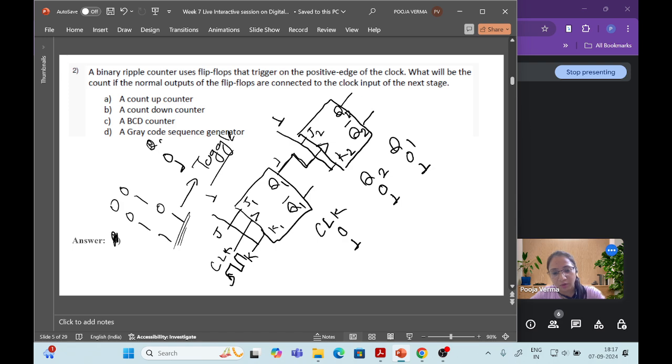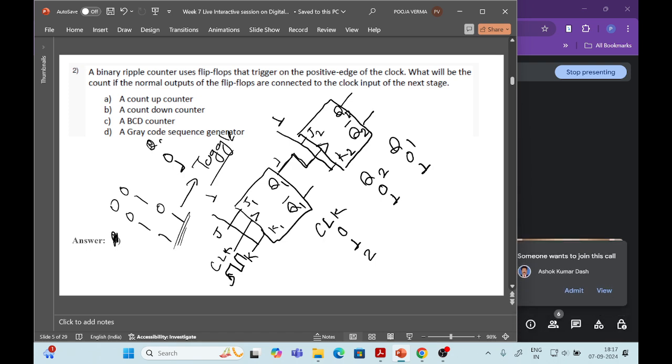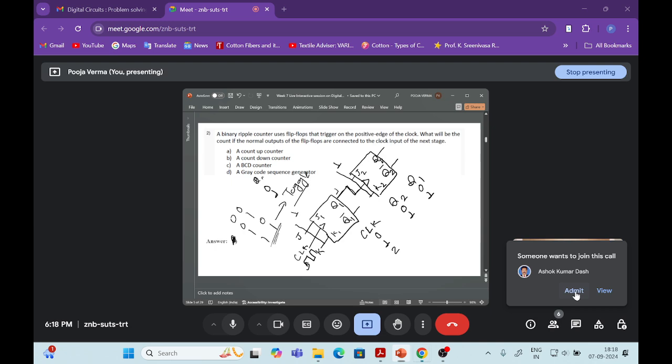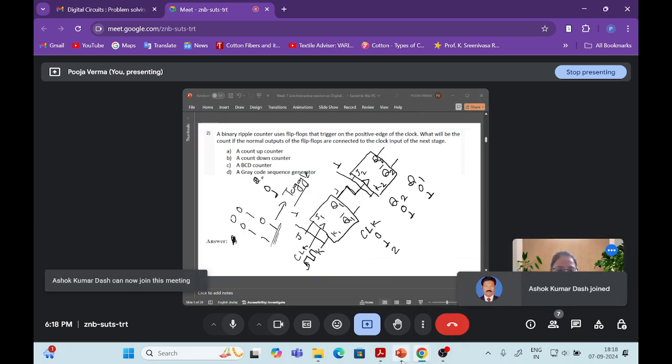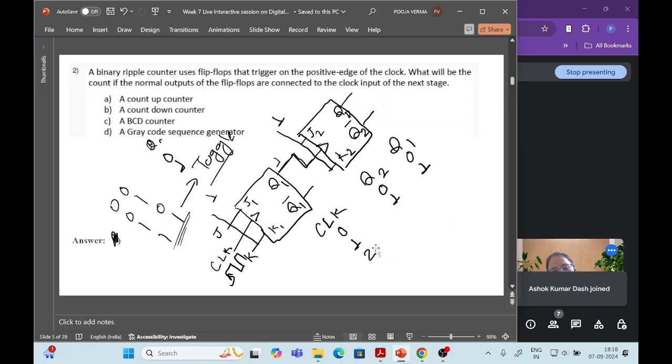Now let's see the next clock. When the second clock pulse comes, J1 and K1 are already 1, so again the output of Q1 will toggle; it is 1, so it will go to 0.